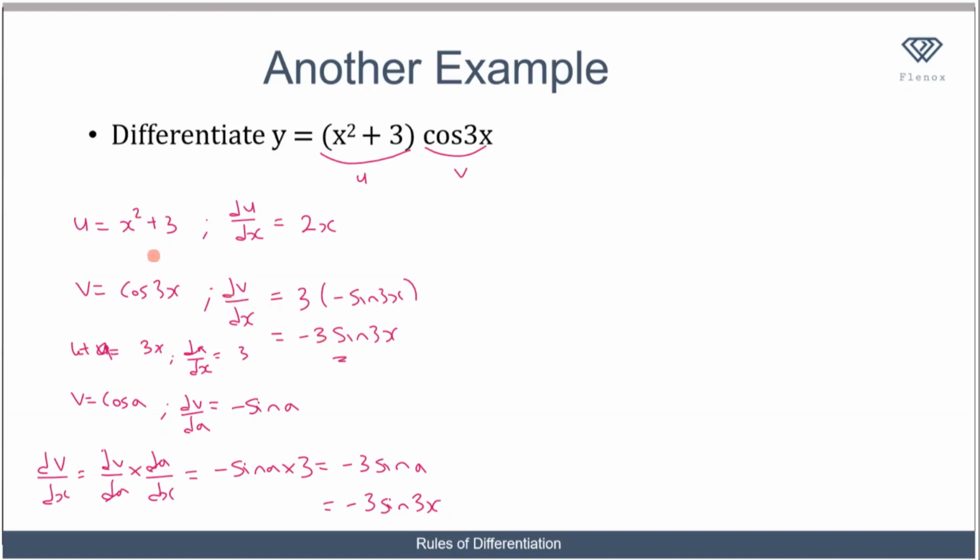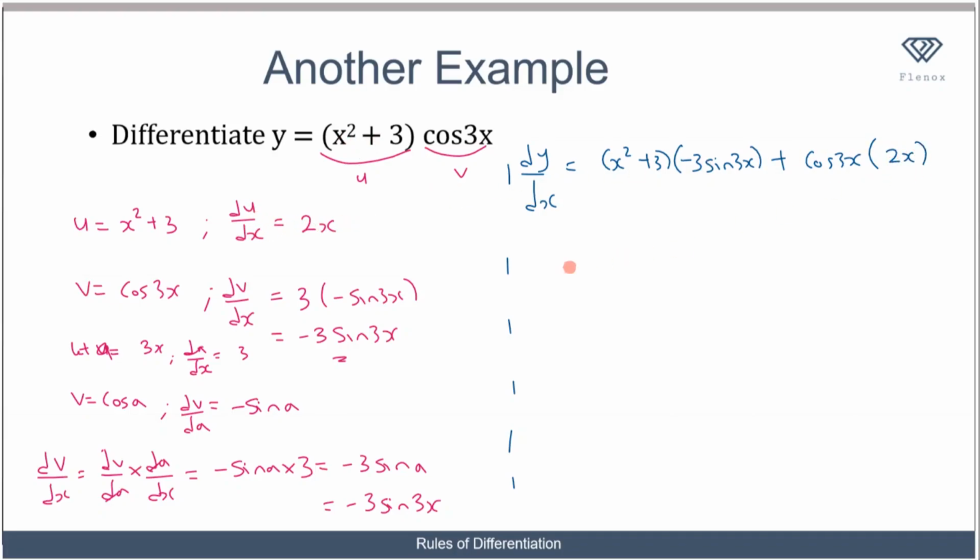Now that we have these terms, we can apply our product rule. dy over dx will be equal to the first term, x squared plus 3, multiplied by the derivative of the second term, which I found to be minus 3 sine 3x, plus the second term, cos 3x, multiplied by the derivative of the first term, du dx, which I found to be 2x.